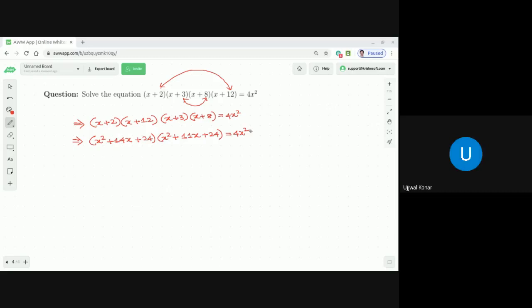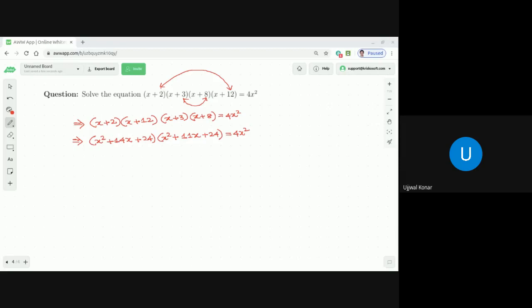Correct, no? Now, if you look into this equation minutely, you will find that x equal to 0 is not a root. So as x equal to 0 is not a root, then you can divide both sides by x square.